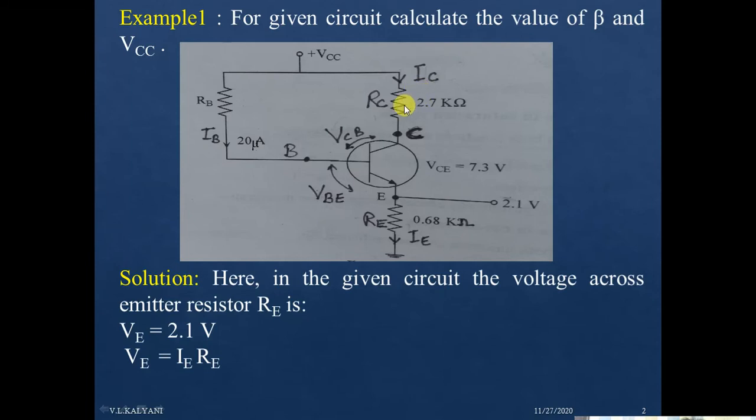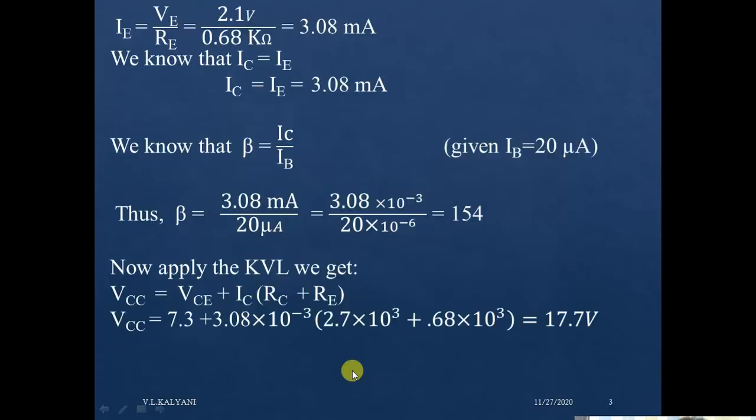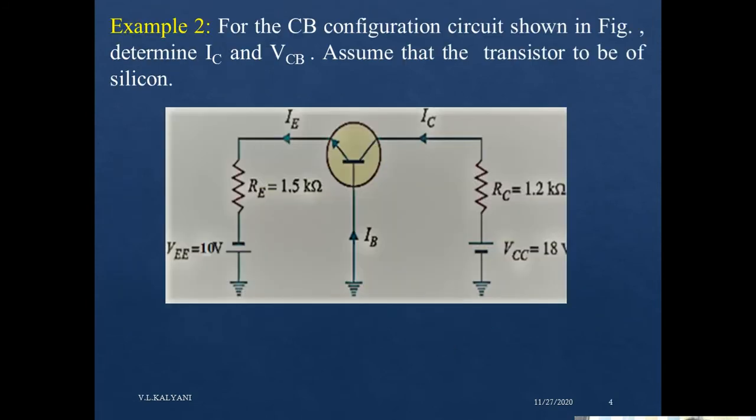RC is equal to 2.7 kilo ohm and RE is 0.68 kilo ohm. So put these values in this equation. After calculating, the VCC will be equal to 17.7 volt. So this is the procedure to calculate the value of beta and VCC.